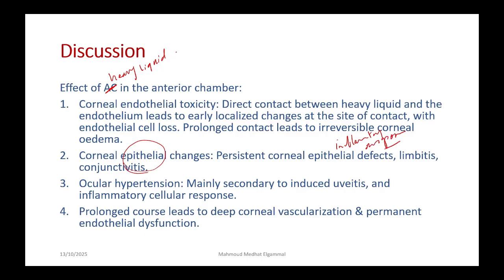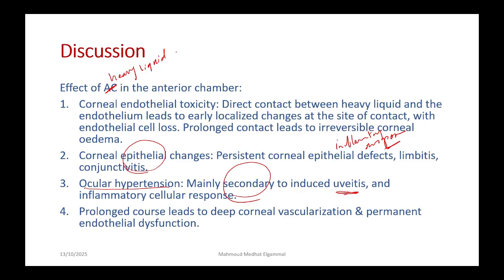So even histopathology from a keratitis patient with heavy liquid in the anterior chamber showed cellular infiltration of the stroma with inflammatory cells. And this might be the reason for secondary high ocular pressure, secondary ocular hypertension, which happens mainly again due to inflammation, induced uveitis, and inflammatory cellular response.